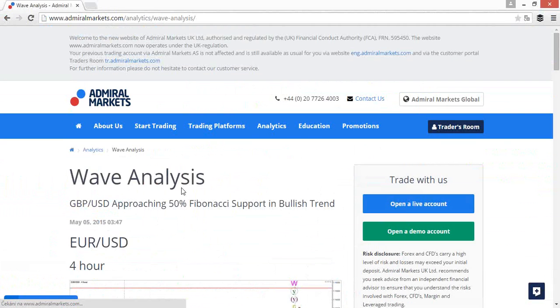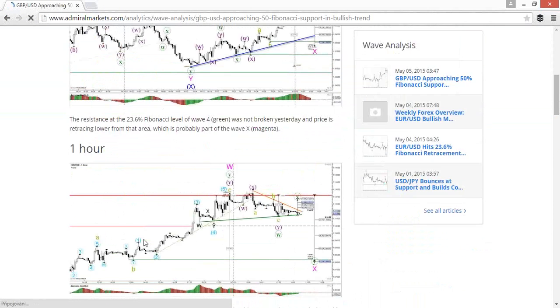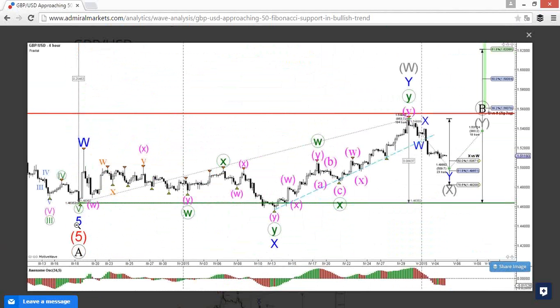Back to, let me go to the wave analysis here then for the pound. And what we see for the pound is perhaps the end of a 5 of 5 of 5 of A, and we're now in a B. And the B, like the euro dollar, quite similar, could be a W, X, Y. And when we broke this bottom, I still held on to the X because sometimes X's can break W's, and that indeed happened.